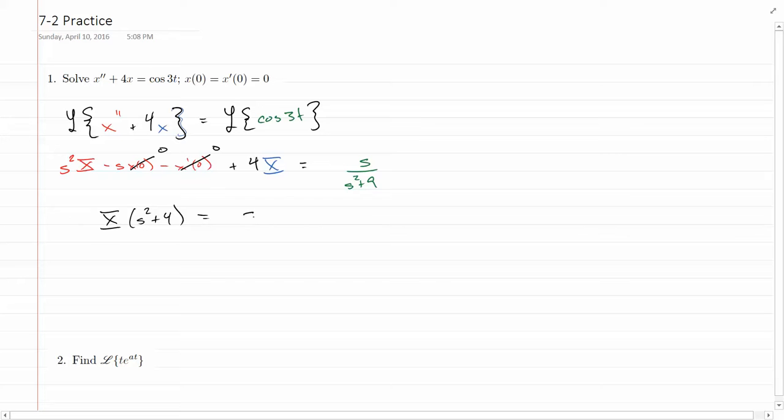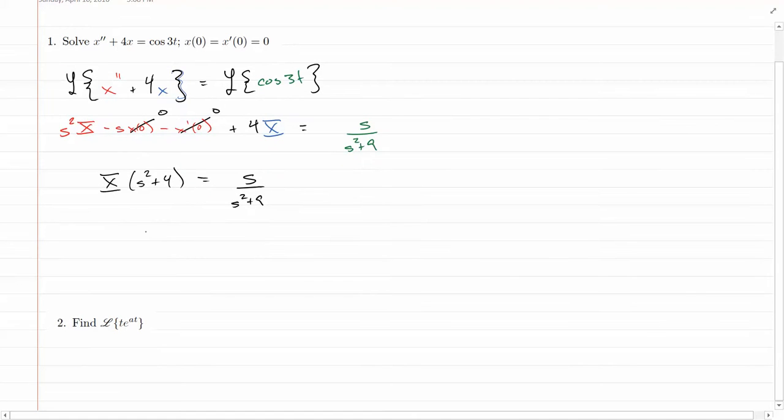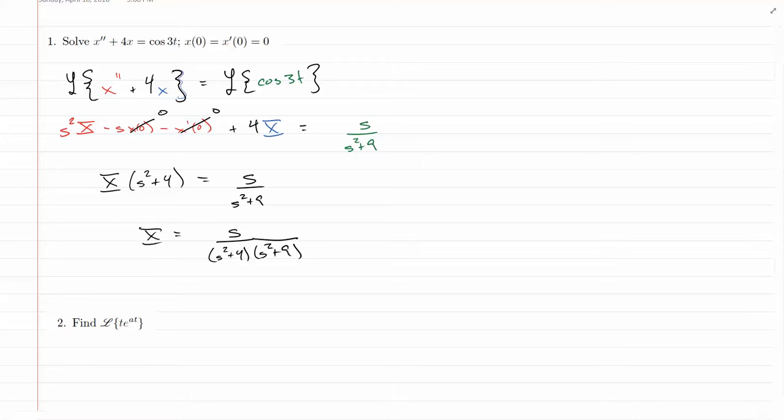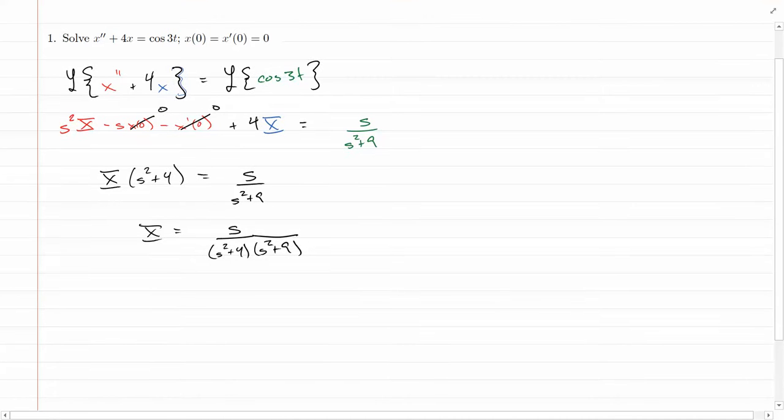That's going to be equal to s over s squared plus 9. So that means capital X would be s over s squared plus 4 times s squared plus 9. Now the trick is going to be to apply partial fractions to this to break it up into two easier pieces.